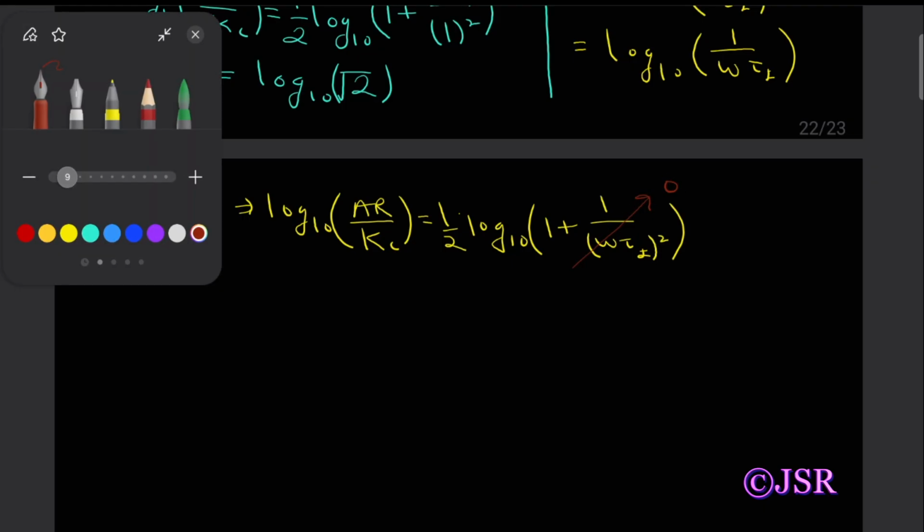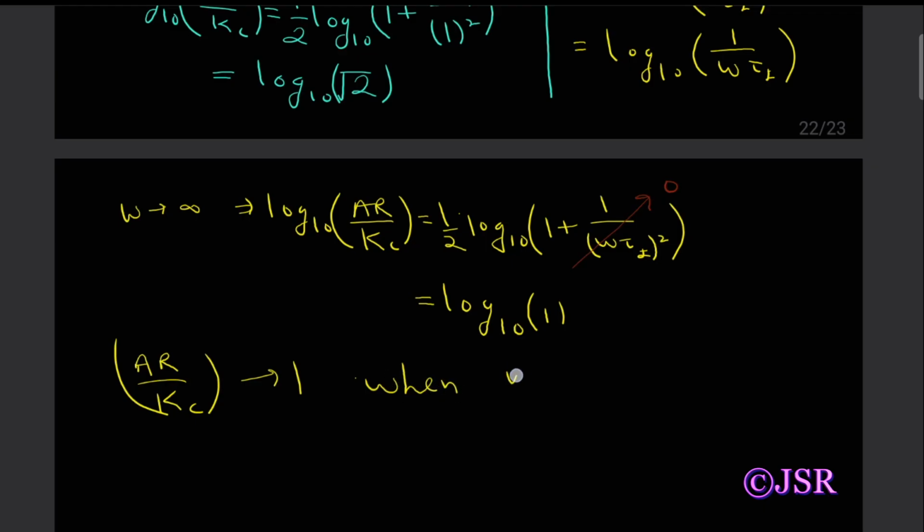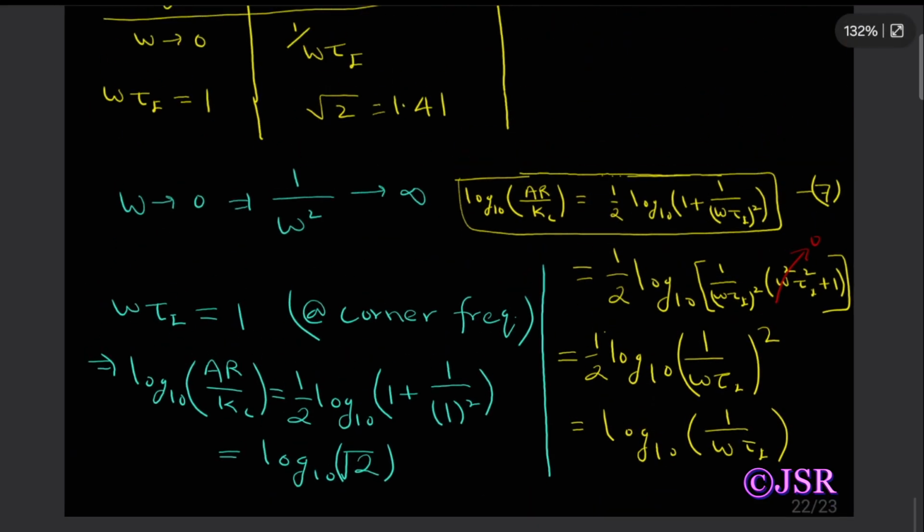So it means log 10 of 1. So it means AR upon Kc tends to 1 when omega tends to infinity.